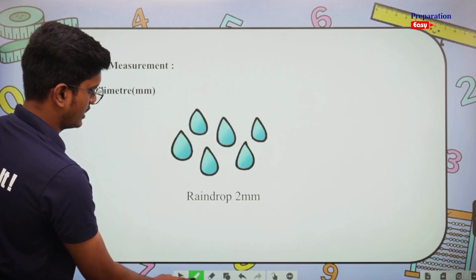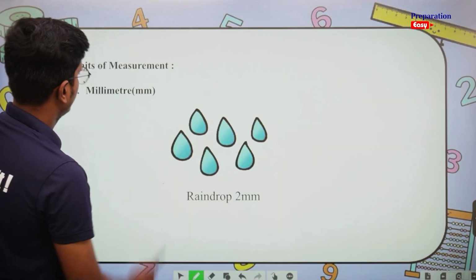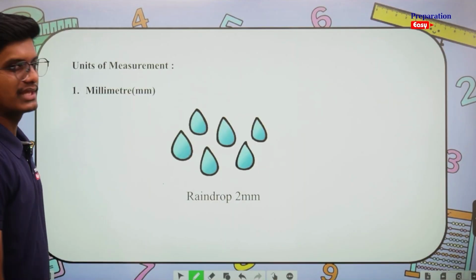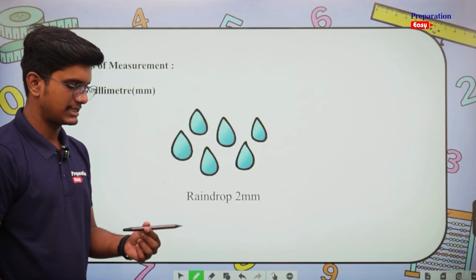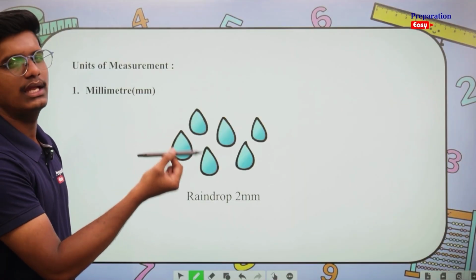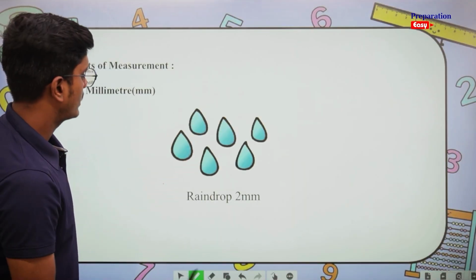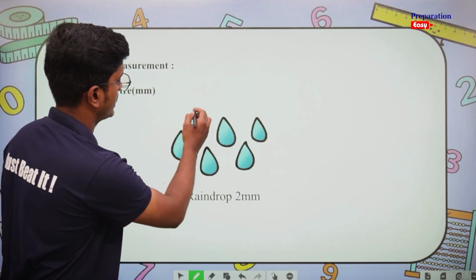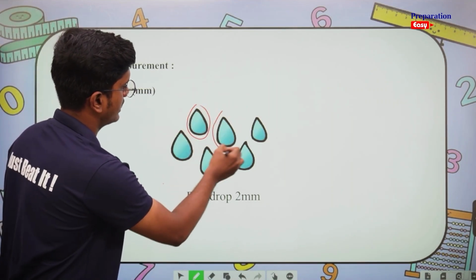We are going to study a few units of measurement now. There are different units to measure things. This pen can be measured in centimeter and in inches as well. Now you can see the raindrops here.